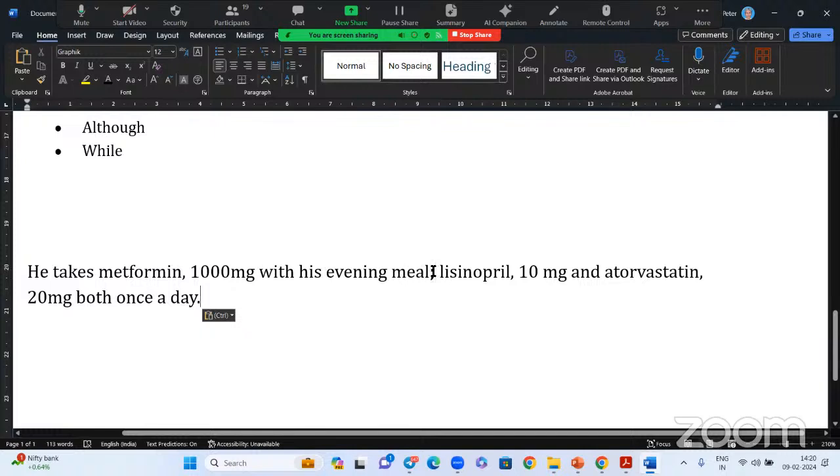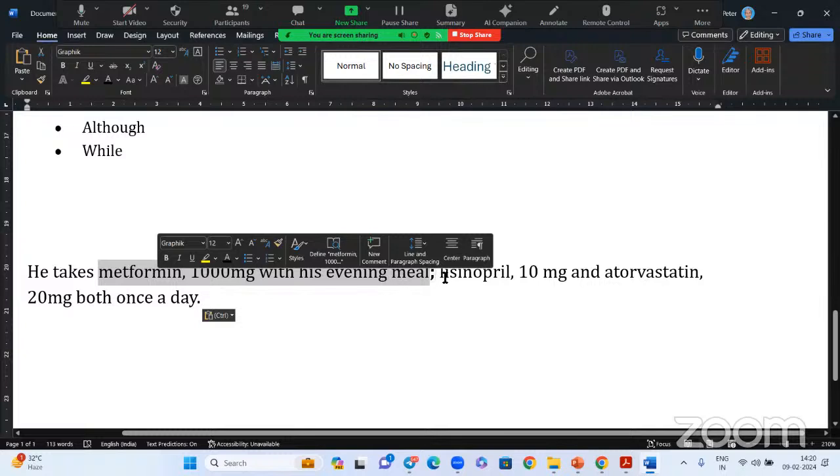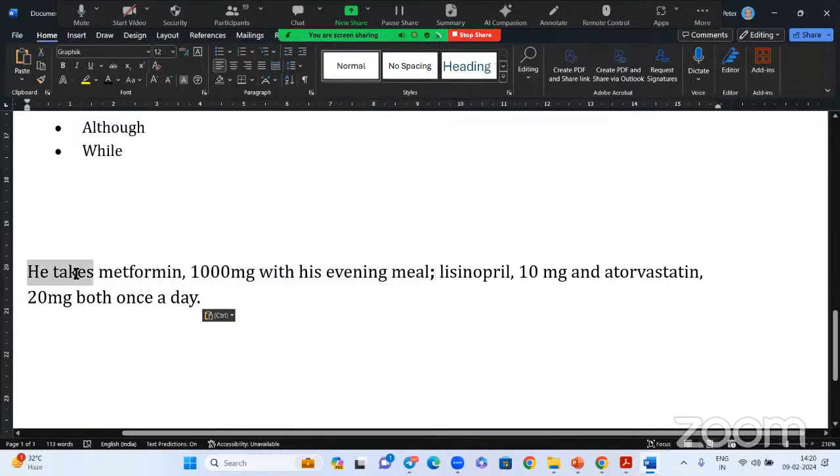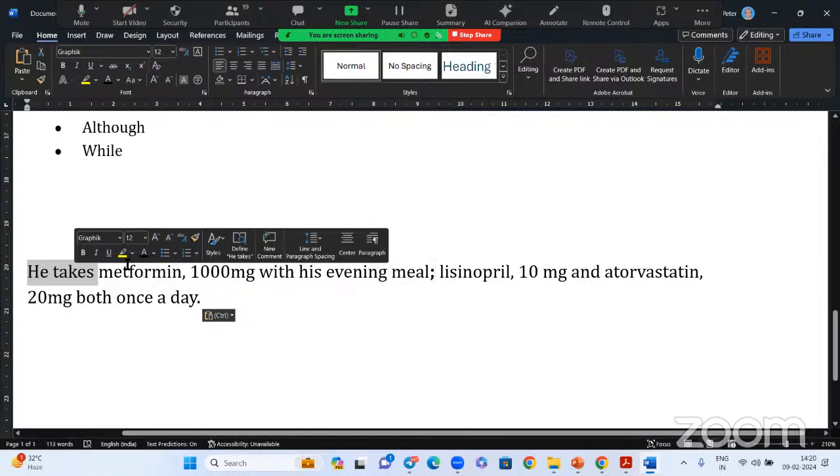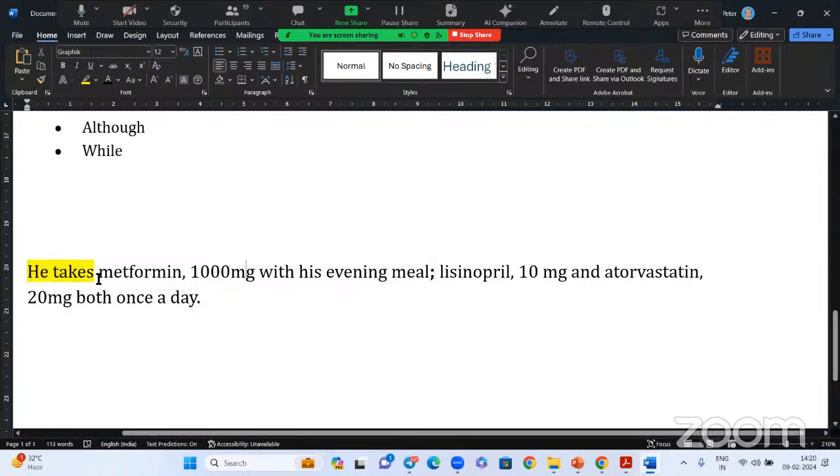So before the semicolon is one, metformin. 'He takes' is common for everything.